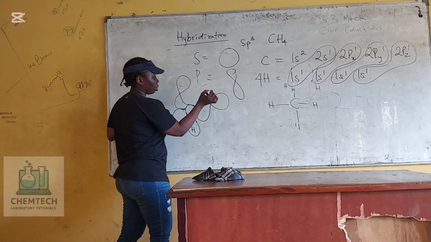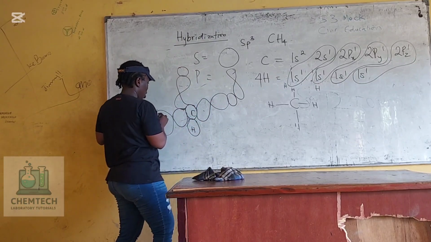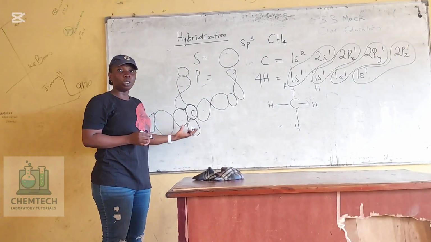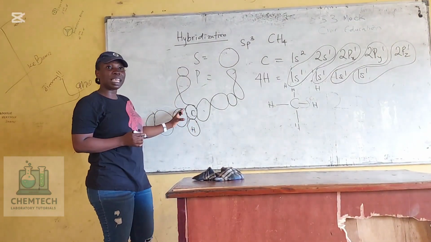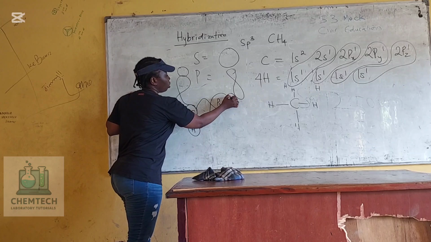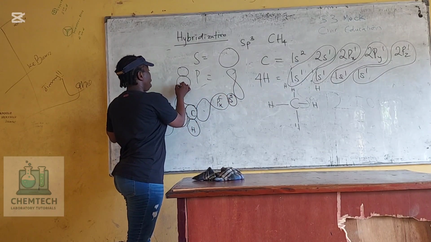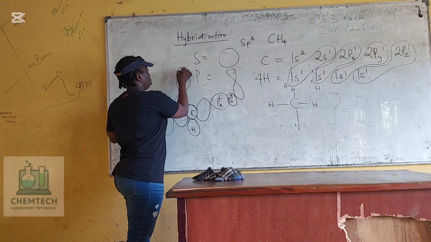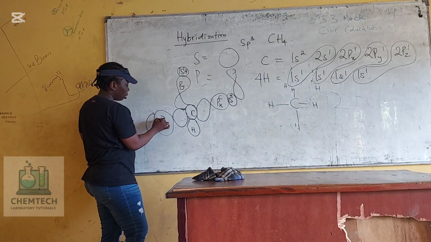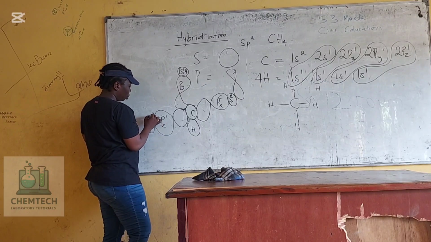Then the s of hydrogen, the s of hydrogen, the s of hydrogen. So this is the head to head overlap. So when you represent this, that is px, s of hydrogen, carbon, py, one s of hydrogen, and pz, one s of hydrogen.